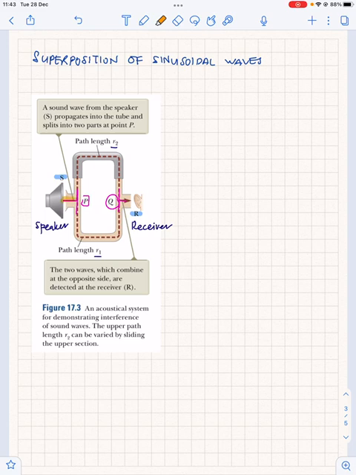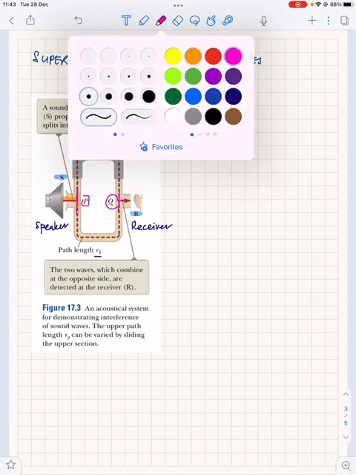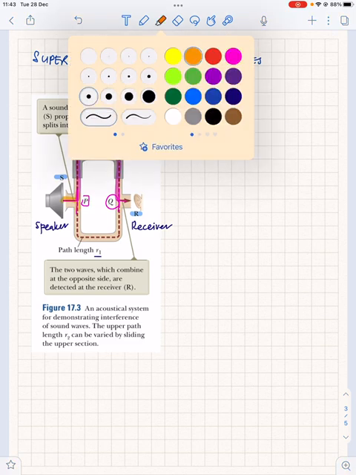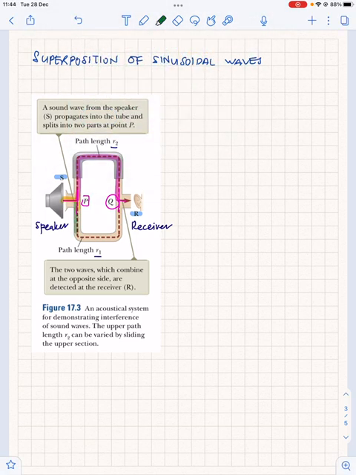The sound from the speaker is sent to a tube at the T-shaped junction. The sound then splits into two separate pathways, one going to the path length of R2 and another to the path length of R1.